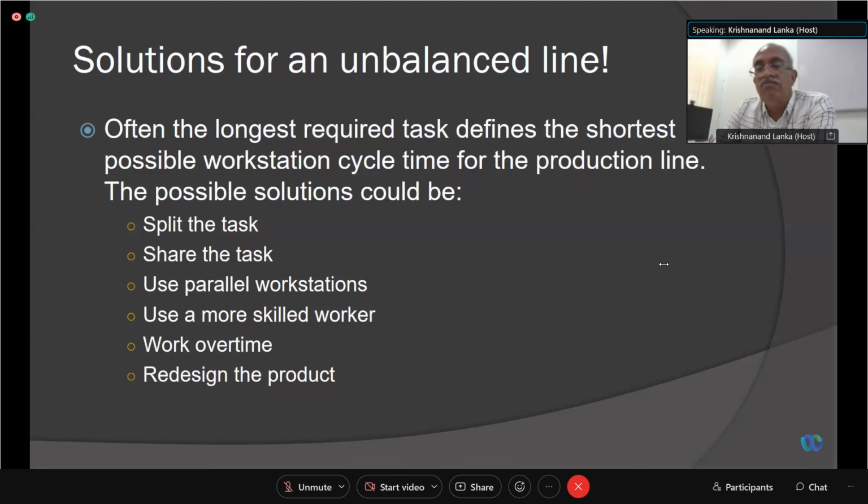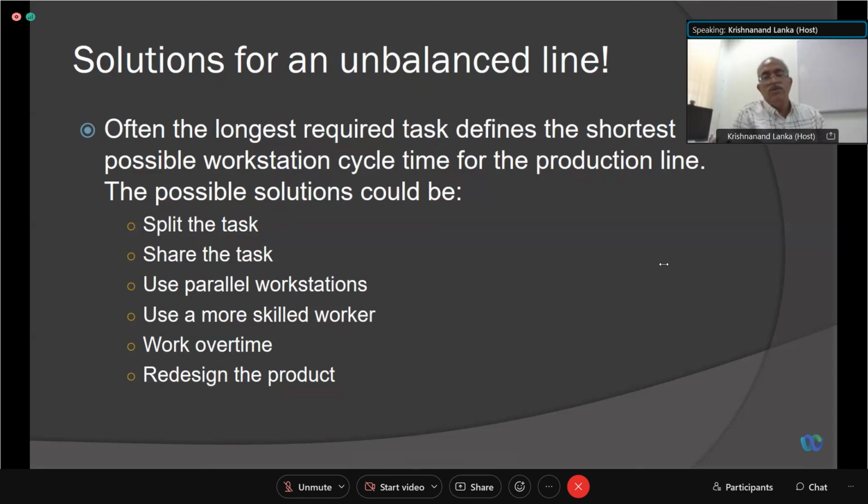Certain workstations may start before the shift itself to clear the backlog, or continue after the shift to clear it. That means a particular workstation might be doing some work beyond the shift. Or sometimes you redesign the product.